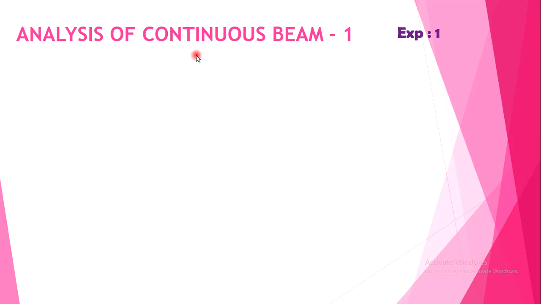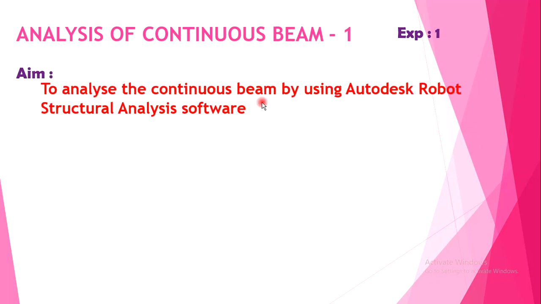Today we will discuss the linear analysis, that is experiment number one: analysis of a continuous beam. Our aim is to analyze the continuous beam by using Autodesk Robot Structural Analysis software.